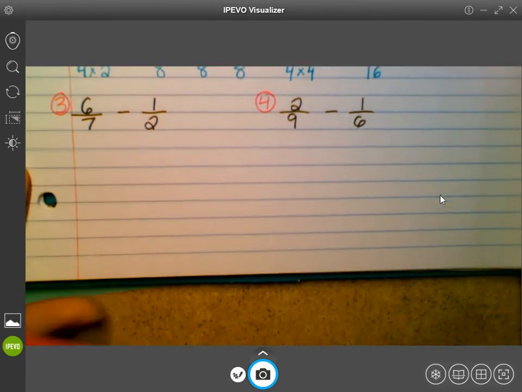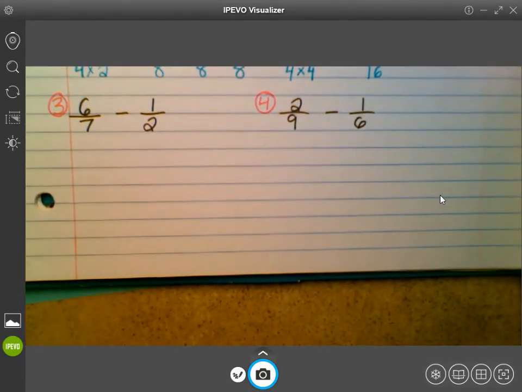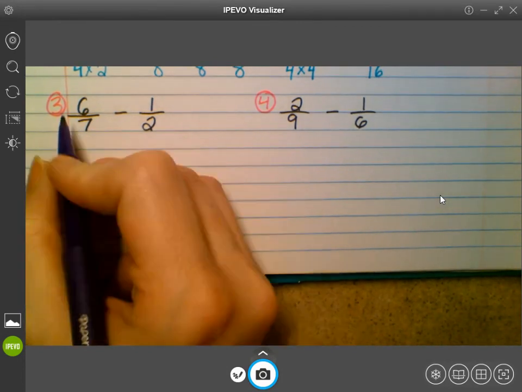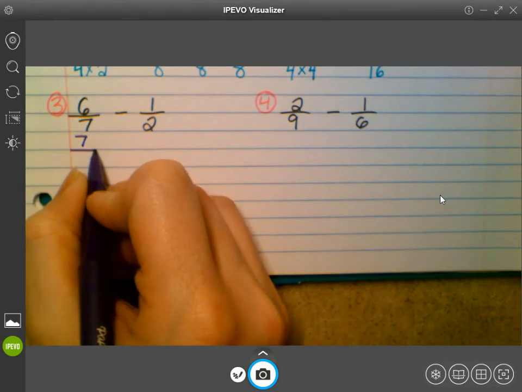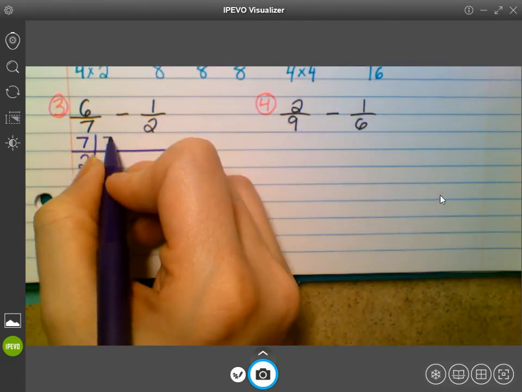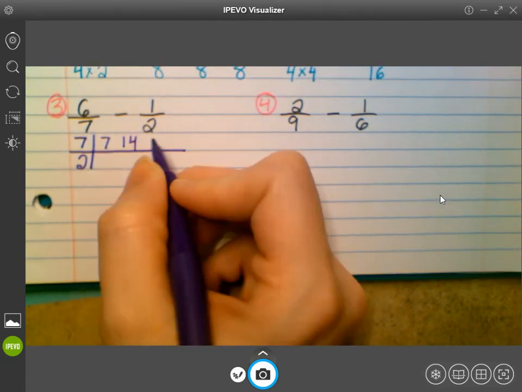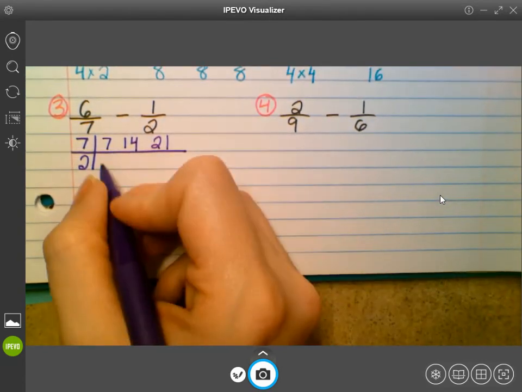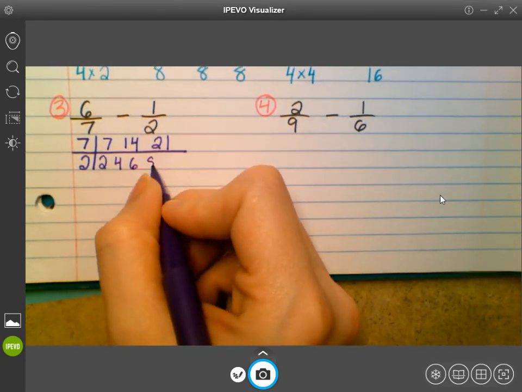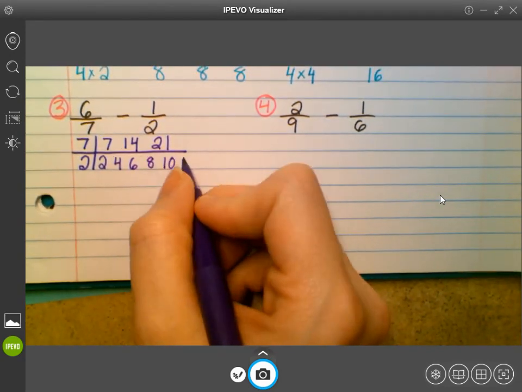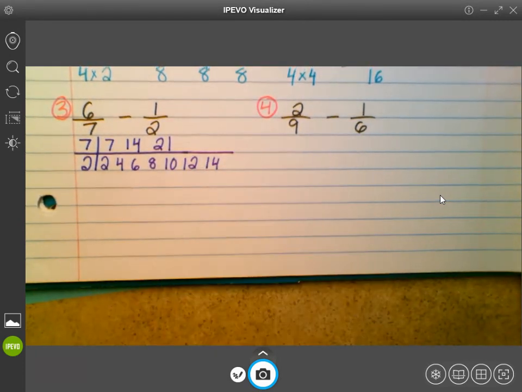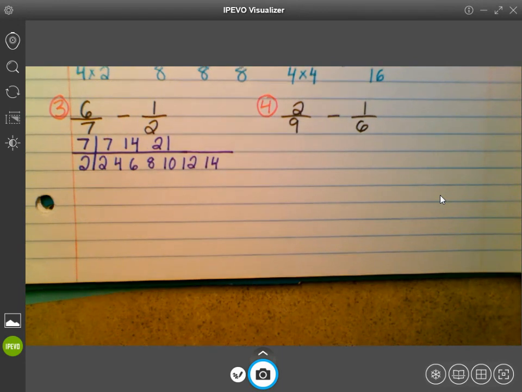So for our last 2, we have for number 3, 6/7 and 1/2. So 7 and 2 are my denominators. So I've got 7, 14, 21, and I've got 2, 4, 6, 8, 10, 12, 14. 14 is my LCD.